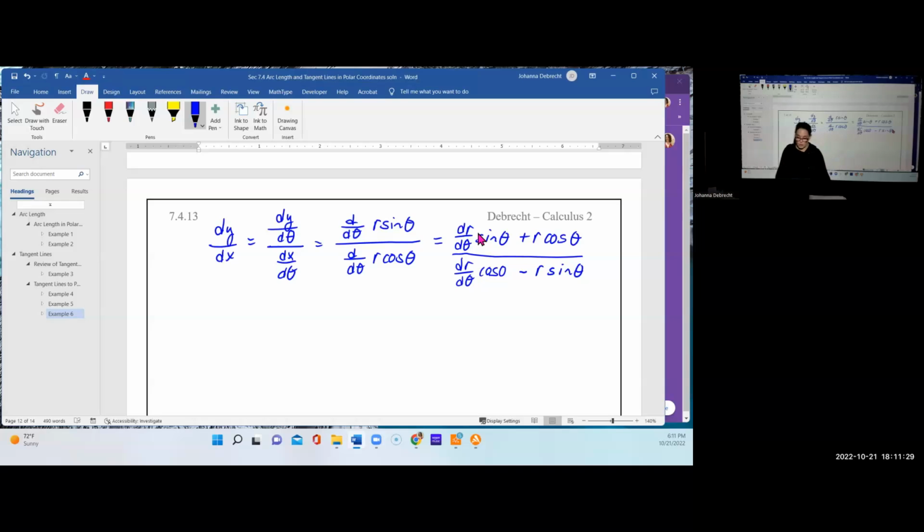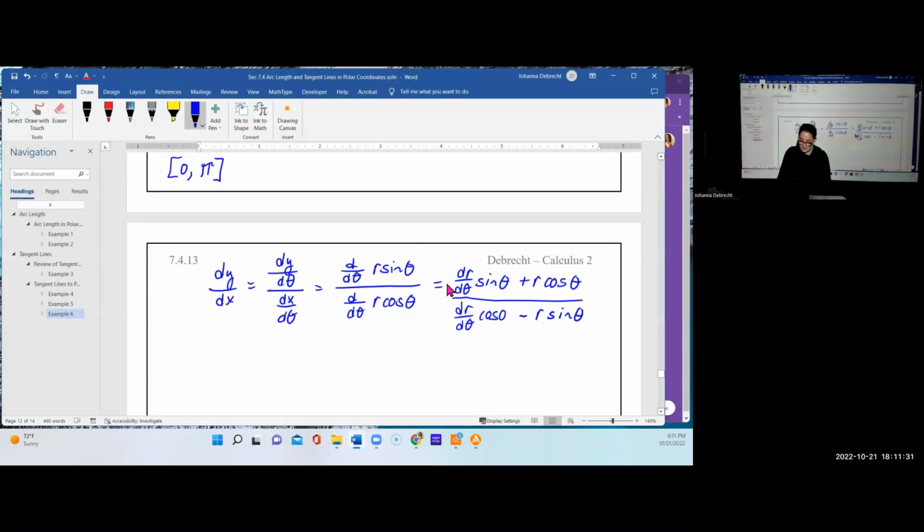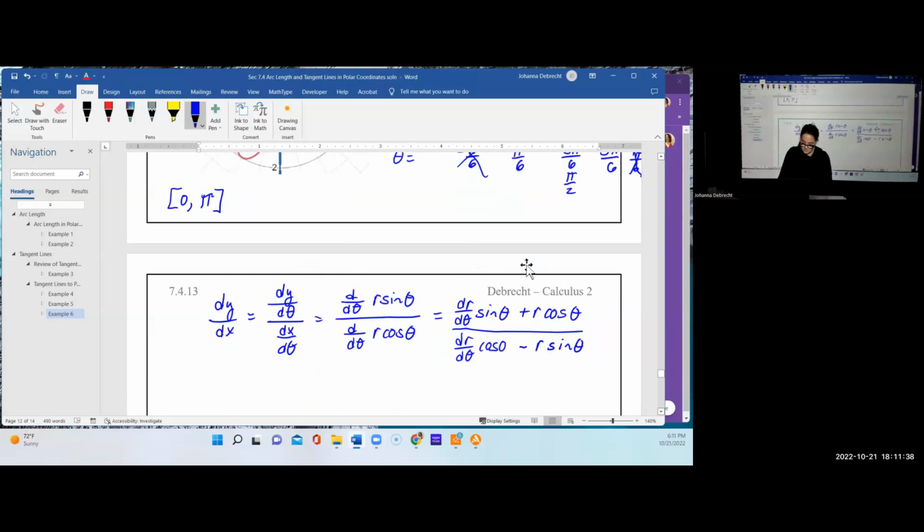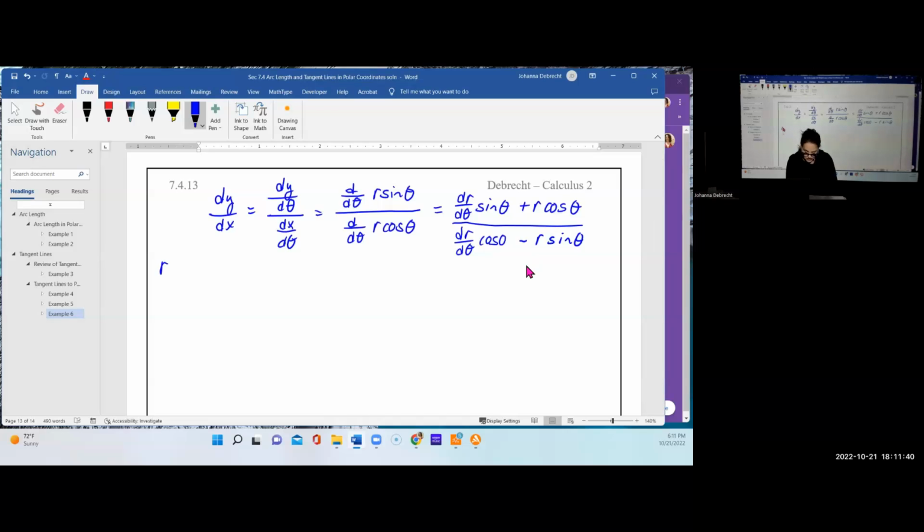So we need to figure out what dr/d theta is. We already have r. R is 2 cosine of 3 theta. So what is dr/d theta?